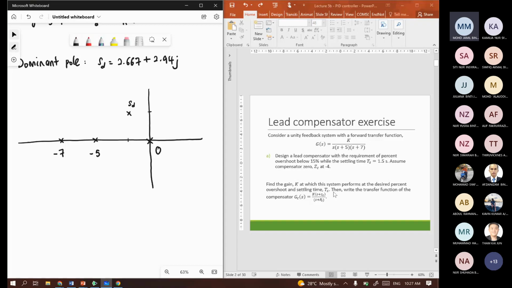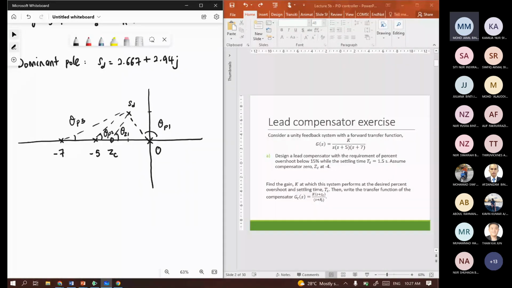And also plot the location of the compensator zero.